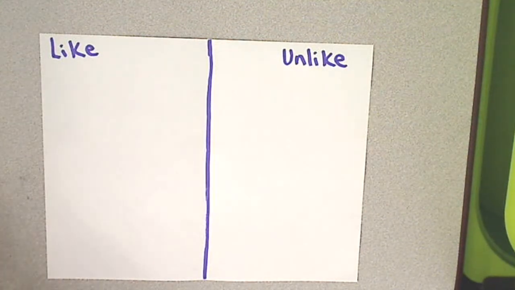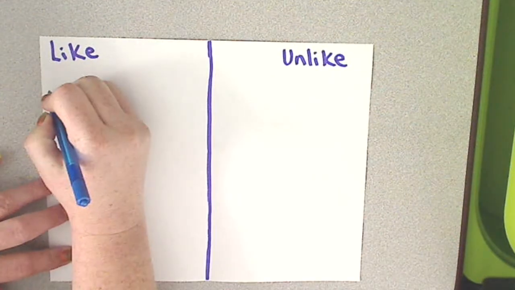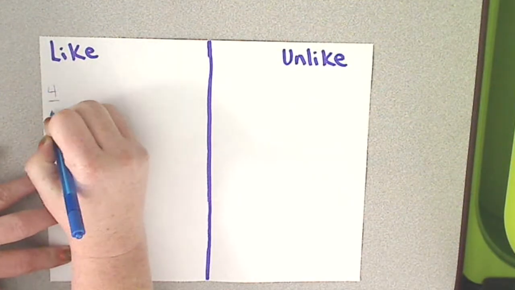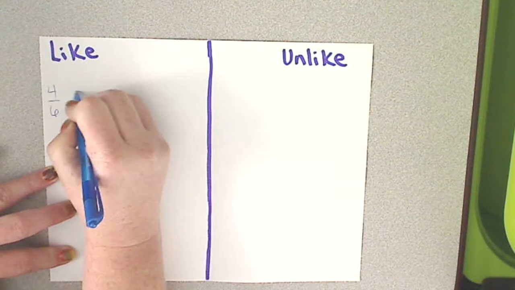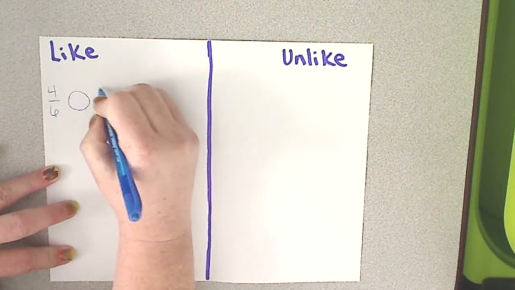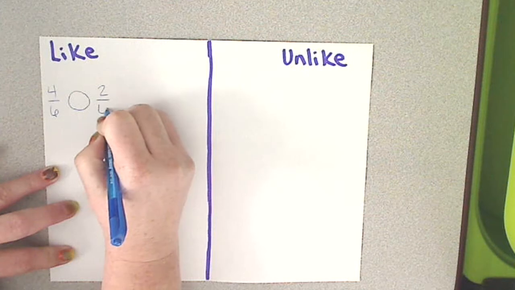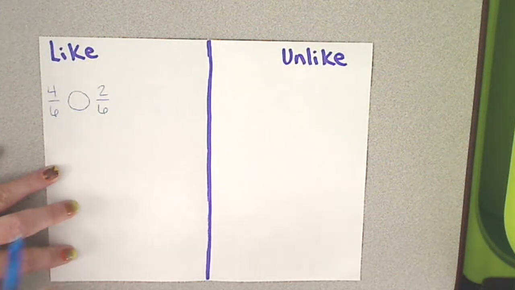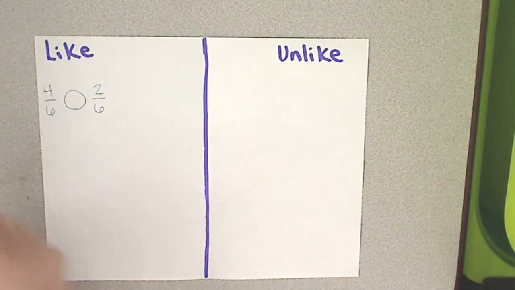Okay. So if I look at the two fractions, 4/6 compared to 2/6, I'm comparing apples to apples because I have two fractions with the exact same denominators.